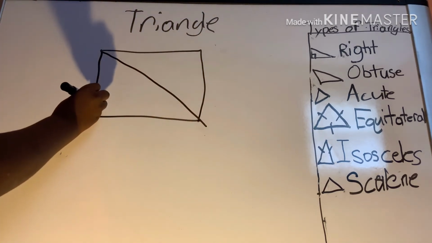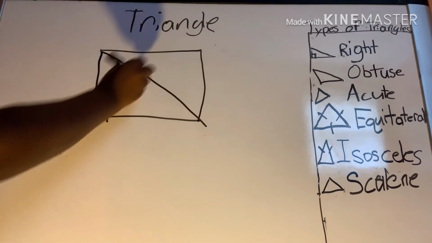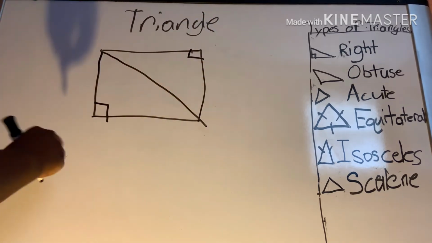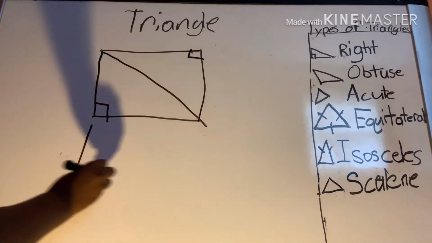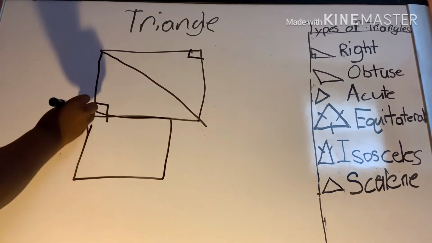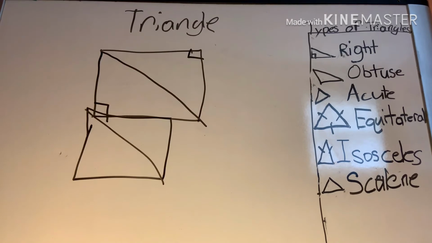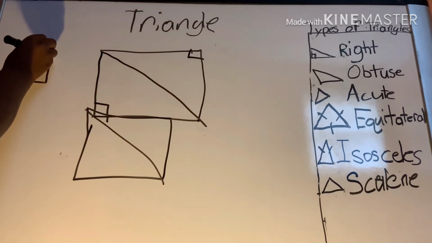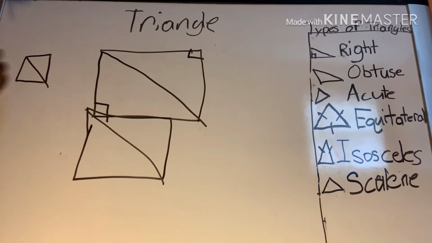Now you have one right angle triangle, two right angle triangles. Now if you make a square, if you cut that in half, that could also work. It would do the same thing, and make the same right angle triangle.